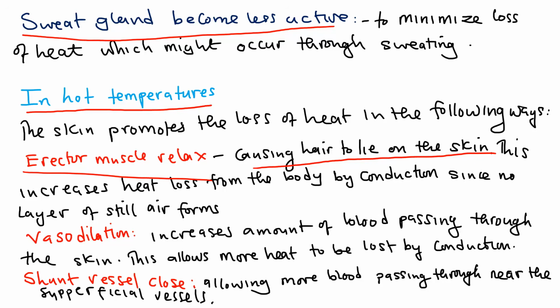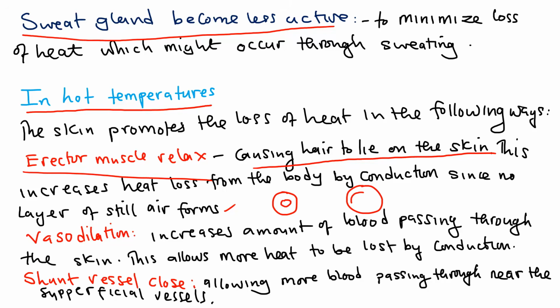So erector muscles relax, causing hair to lie on the skin. This increases heat loss from the body by conduction, because no layer of still air forms. The other way is vasodilation. Let's say the lumen of the arterioles like that.